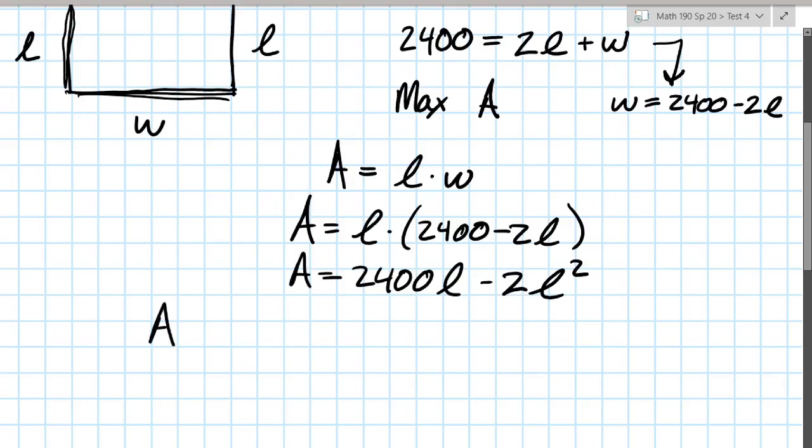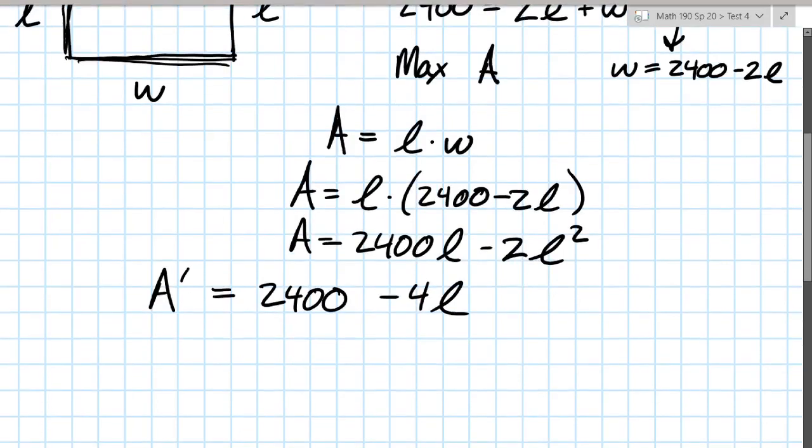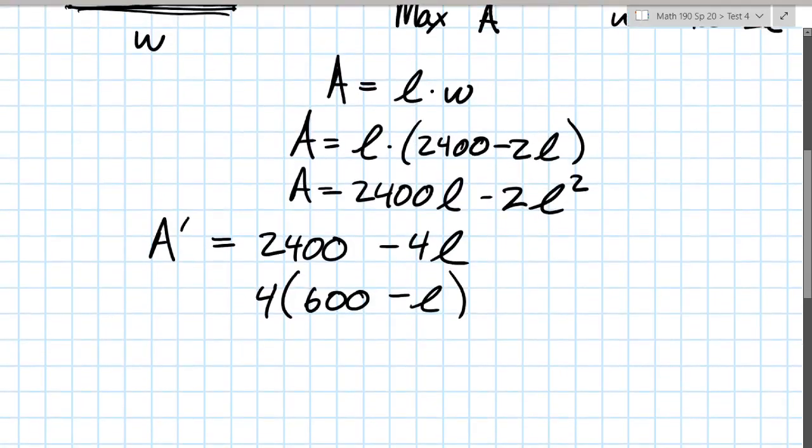So A prime, taking the derivative with respect to L, we have 2,400 minus 4L. We can factor, and we get 4 times 600 minus L. Then find our critical values as usual, and that gives us L equals 600.